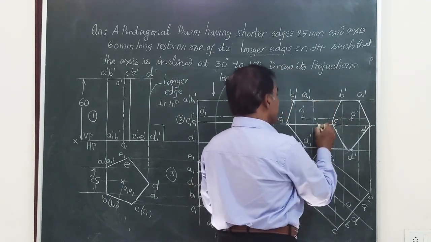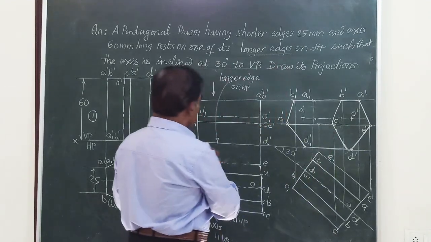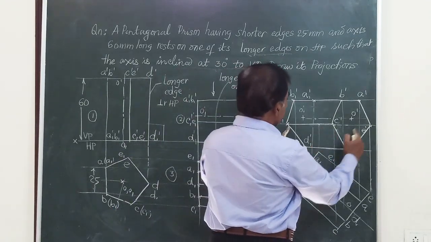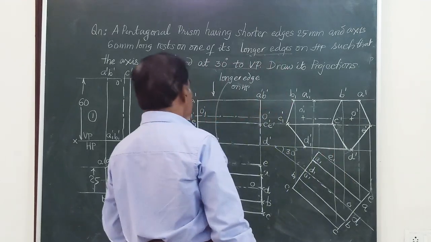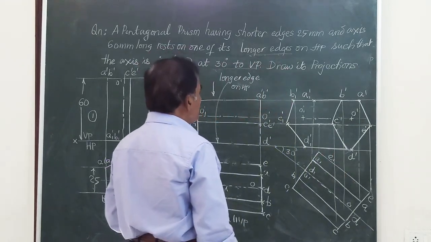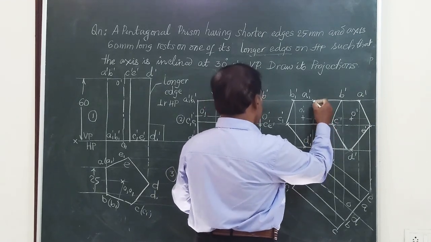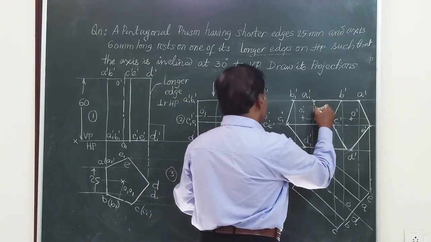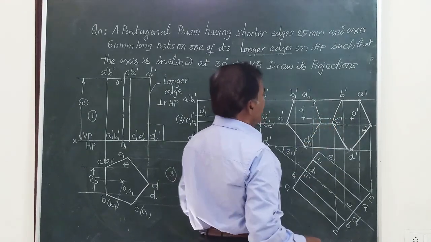So this point E is here. The object is resting on DD1, and that DD1 is here. You will be able to see that this point is not visible, and hence I just join this point by a dotted line. Similarly, this by a dotted line.